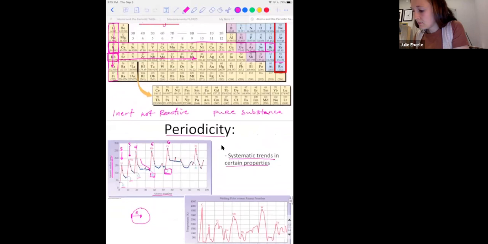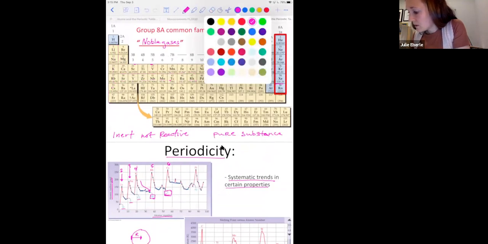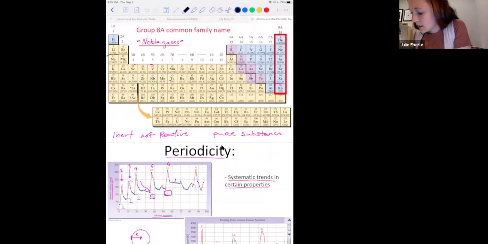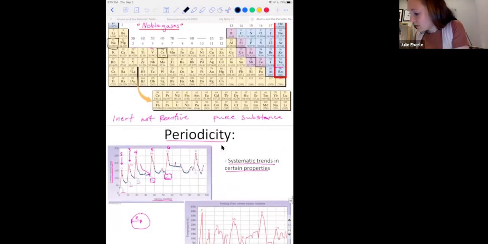Sodium. I'm going to erase a little bit. So sodium is right here. And then we had chromium right here. And then what else did I say? Sulfur was right here.